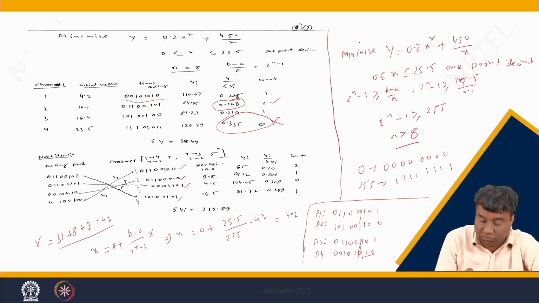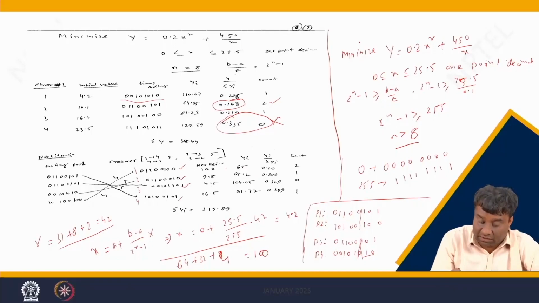Again find the equivalent values. So for this value you will get 64 plus 32 plus 4, so you will get 100. So here the new value will be 10.5. Next is 9.8, then 4.5, 16.5.